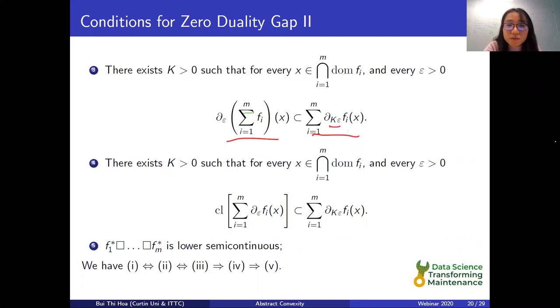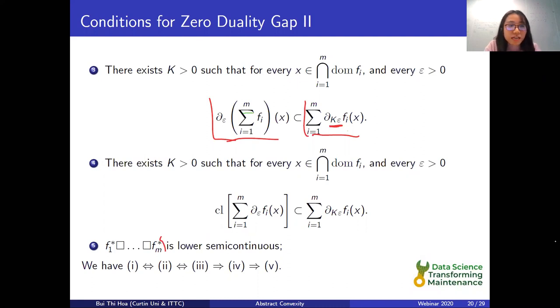But notice that with the subdifferential of the sum, we scale epsilon a little bit bigger, so that this set is a little bit bigger, and even if we make it bigger it contains this subdifferential of the sum. The next two properties involve topology. The next one is the closure of a sum of subdifferentials, and the next one is the semi-continuity of these functions.